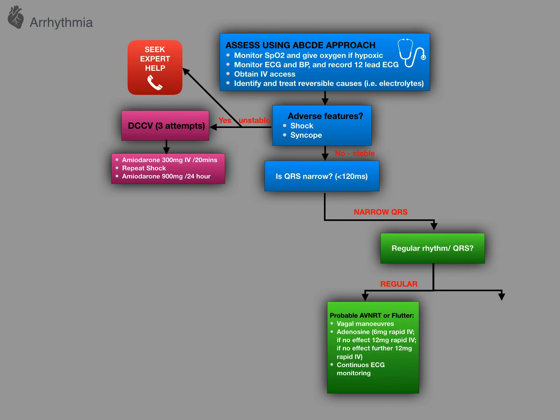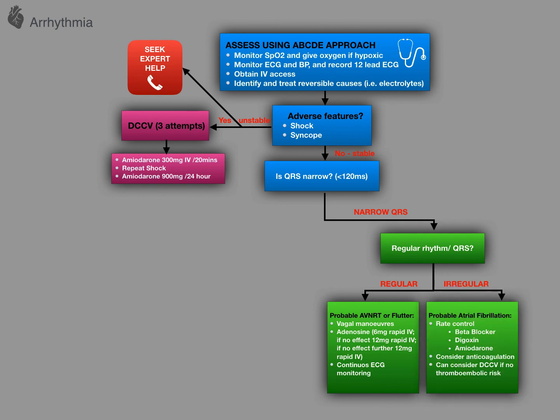The treatment would therefore be first to attempt vagal manoeuvres. If not, we can give adenosine, which acts and blocks the AV node. This will either stop an AVNRT, or it will pause activity through the AV node and therefore allow flutter waves to be seen. We would do continuous ECG monitoring while we did this.